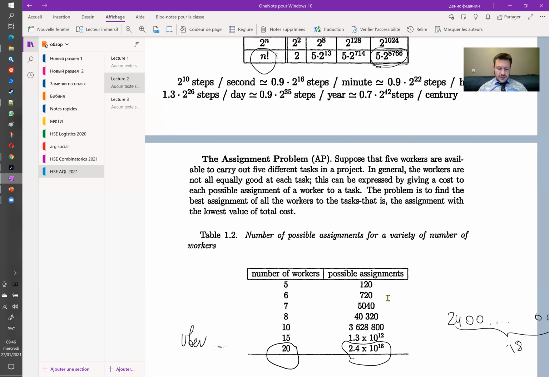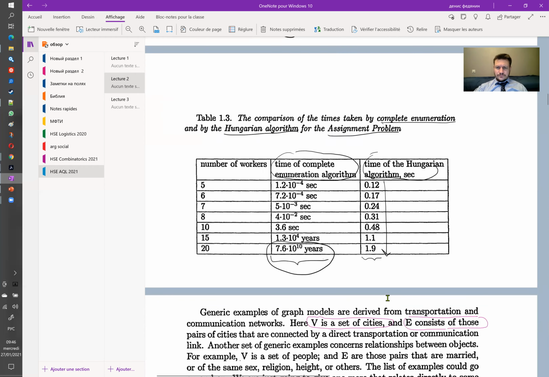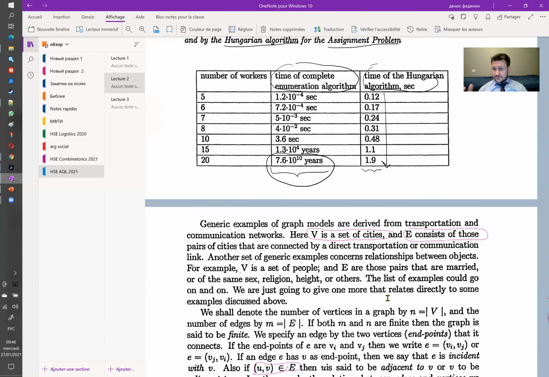So we know times or just costs, and we want to create an assignment of workers to jobs that is optimal in terms of minimal total cost. And we have discussed an algorithm for this, the Hungarian algorithm, for example.